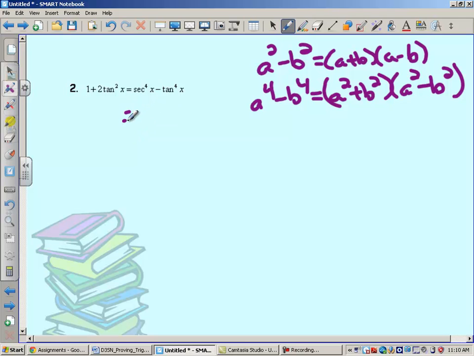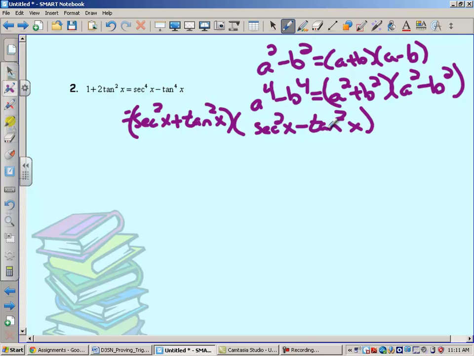I'm going to start with the right hand side, and I'm going to have secant squared x plus tangent squared x times secant squared x minus tangent squared x. Now, we also are going to use a Pythagorean identity here. You should know from your formula chart that tangent squared x plus 1 is equal to secant squared x.